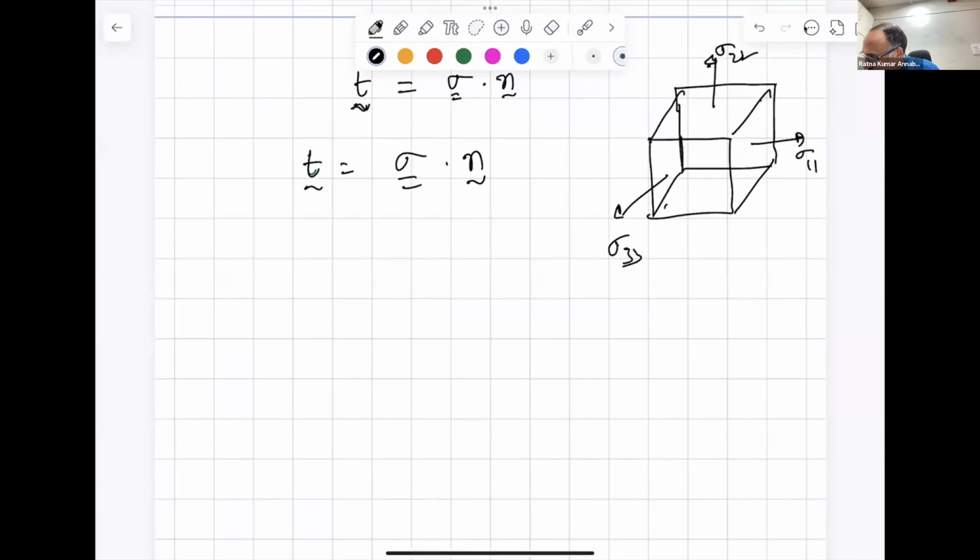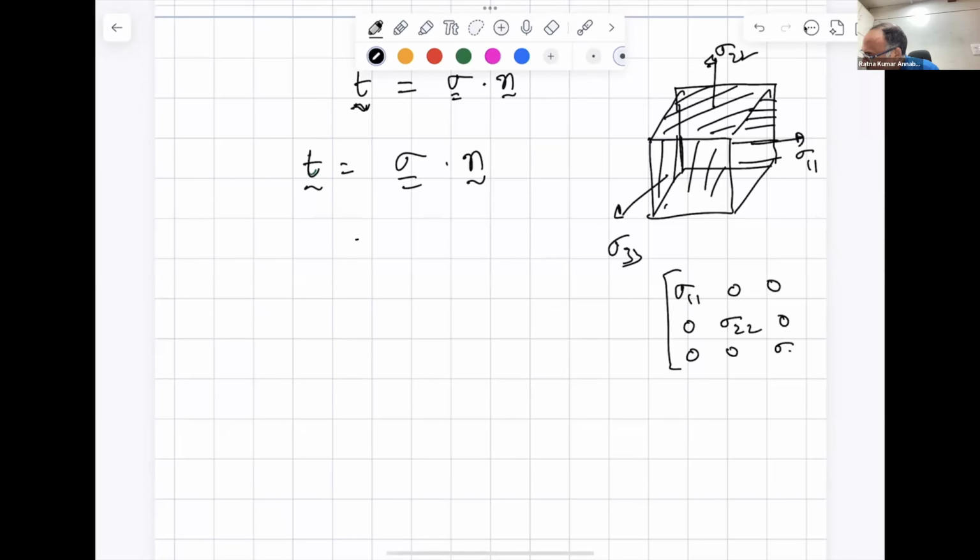On this plane there is no shear stress, on this plane there is no shear stress, on this plane there is no shear stress. So this stress state can be written as sigma 11 0 0, 0 sigma 22 0, 0 0 sigma 33. This is what we call the principal state of stress, because only normal stresses are there.